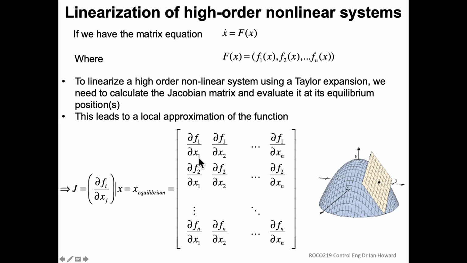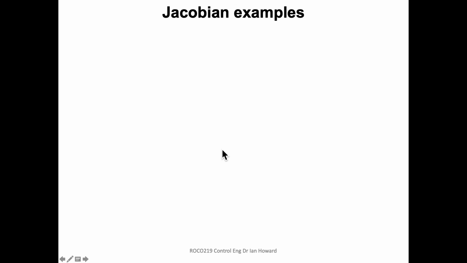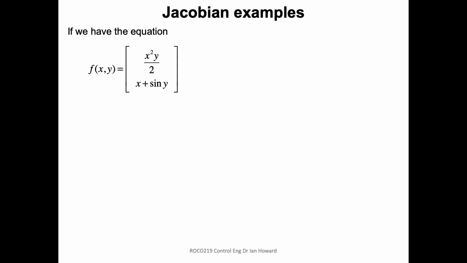So we end up with this multi-dimensional representation for the Jacobian matrix. To calculate this, we need to know what the functions are, and we need to differentiate them with respect to the parameters we're using here. This will become a lot clearer now when we actually go through an example.